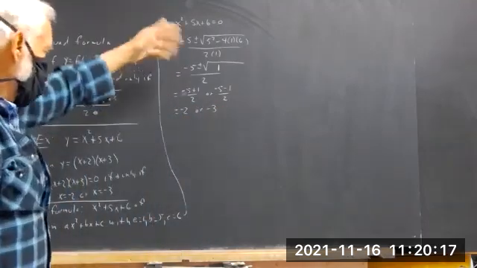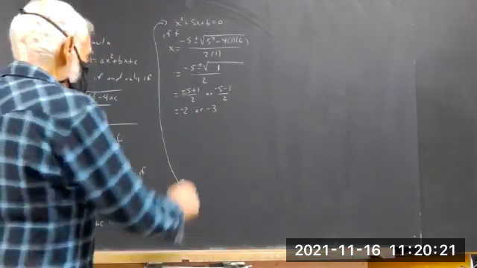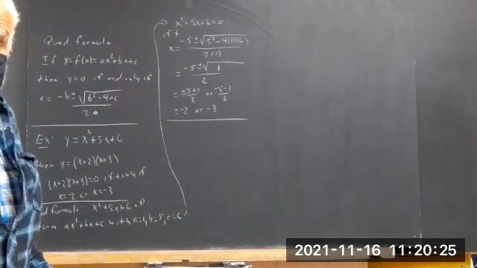Then you plug it in and everything comes out. You've done this before, so I don't think you have any problem solving this. Remember the formula and remember what it means.